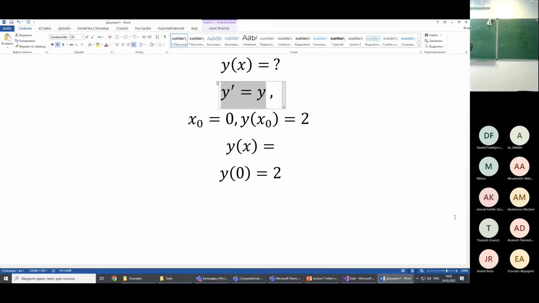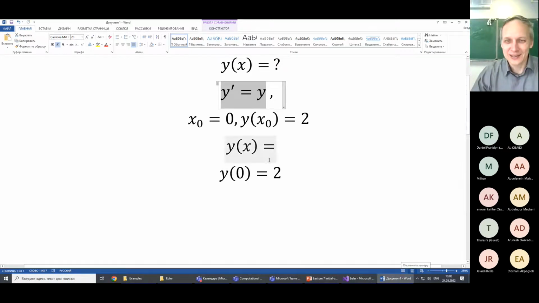But what function has the same derivative as the function itself? E power x, the exponential function. E power x plus constant? Of course, plus constant, yes.